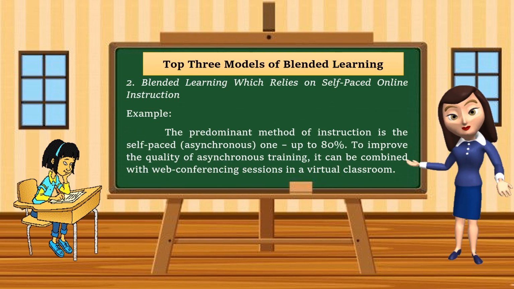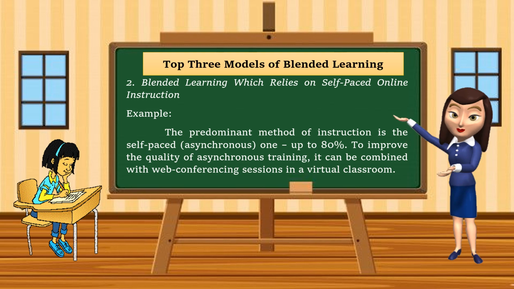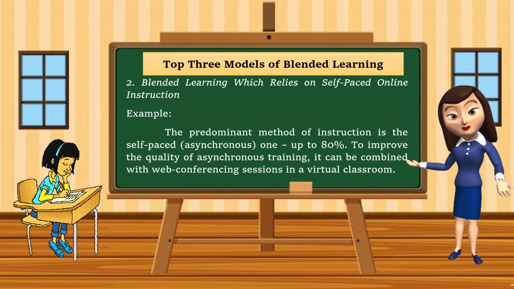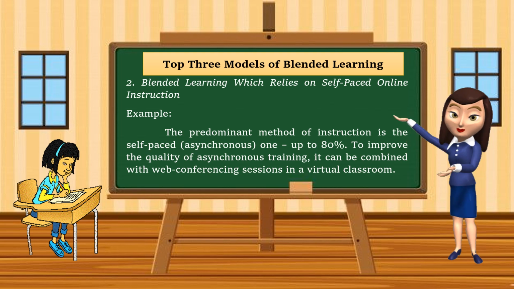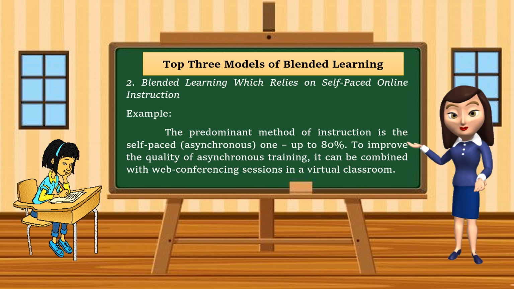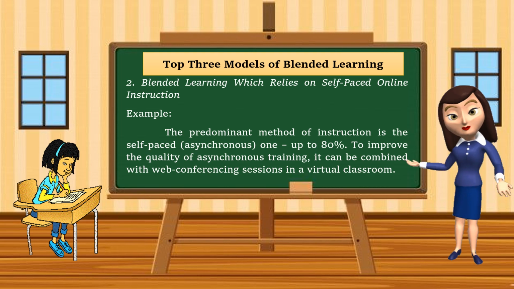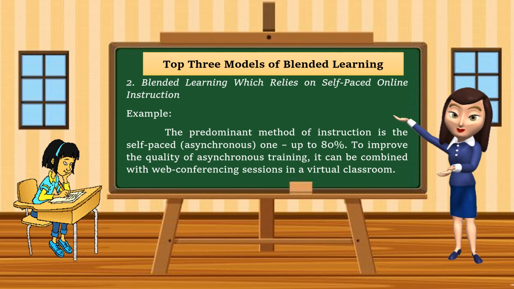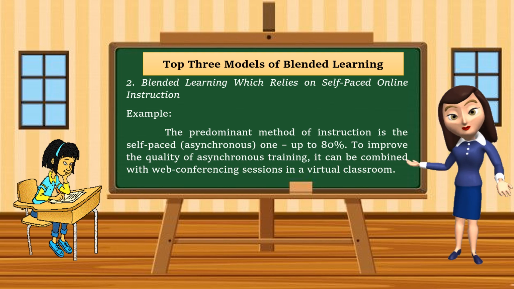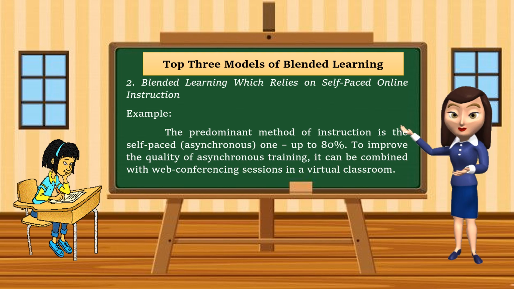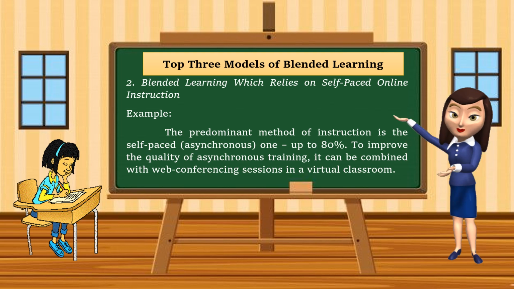Next, we have the blended learning which relies on self-paced online instruction. The predominant method of instruction is the self-paced or asynchronous one. So this is up to 80%. To improve the quality of asynchronous training, it can be combined with web conferencing sessions in a virtual classroom.